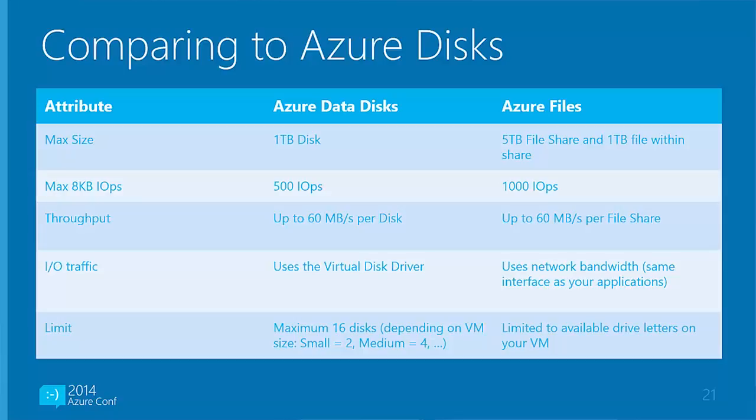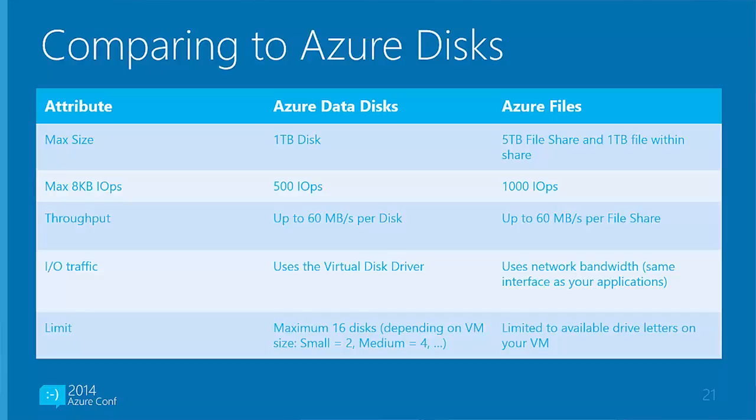So that's something you'll need to take into account. Based on the used bandwidth, you will potentially need to choose a different VM size, because the available bandwidth of VMs depends on the size of your VM.